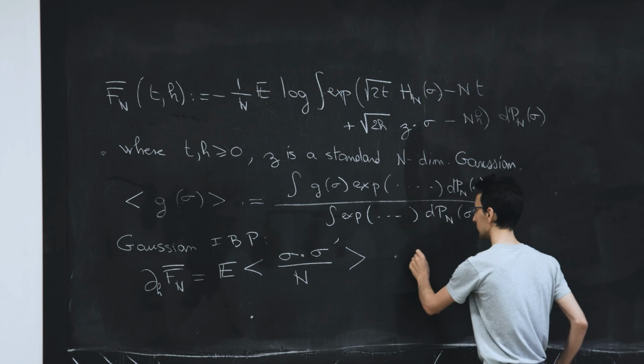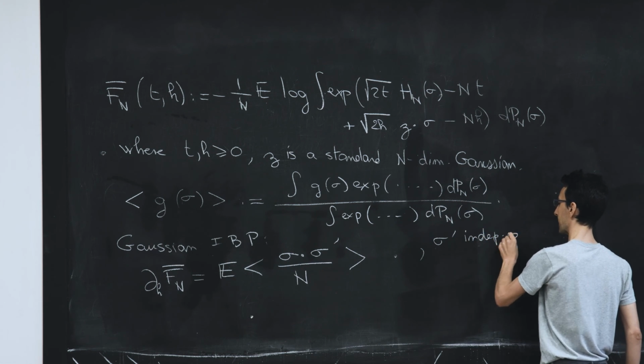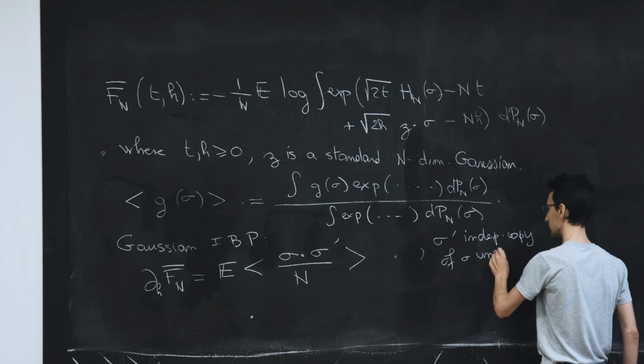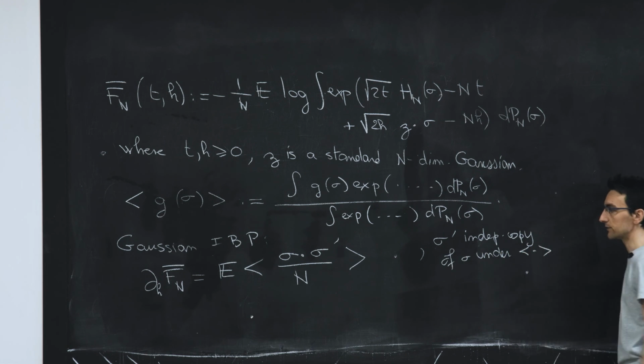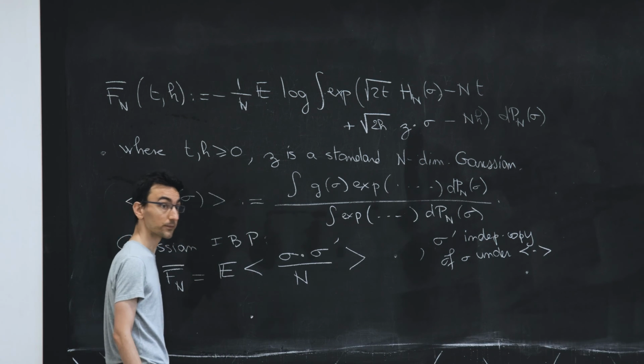So I should have said that sigma prime is an independent copy of sigma under the bracket measure, under the Gibbs measure. Okay, a physicist would call it a replica. So I hope it evokes the statistical inference situation.